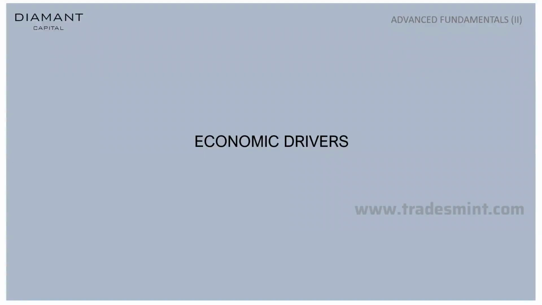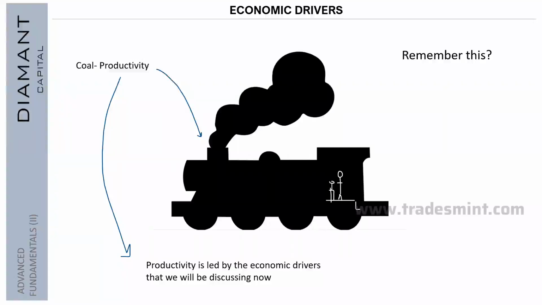So now that we're finished with bonds, yields, and everything related to that, we're going to be looking at some economic drivers. If you remember back to our first lesson, we've always talked about the monetary policies. We've discussed fiscal policies, central banks, what they do to put the brakes on the economy.